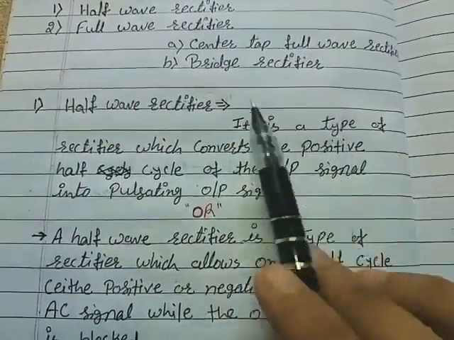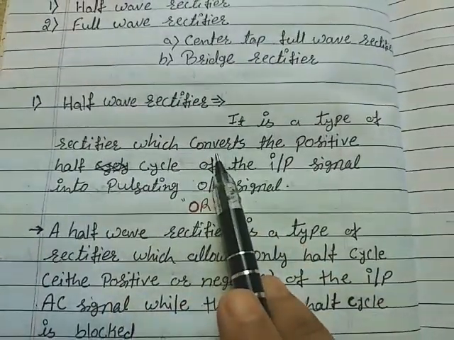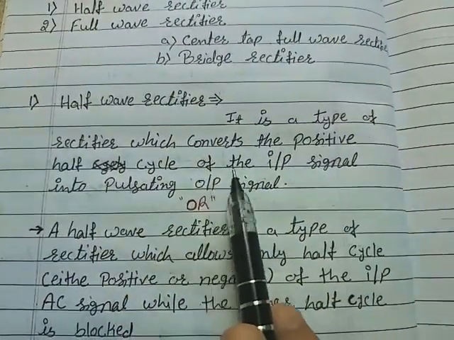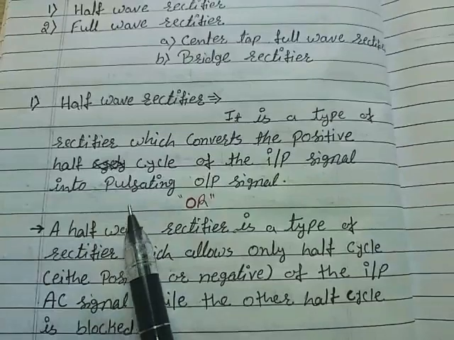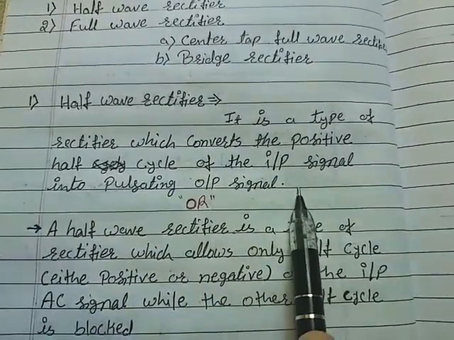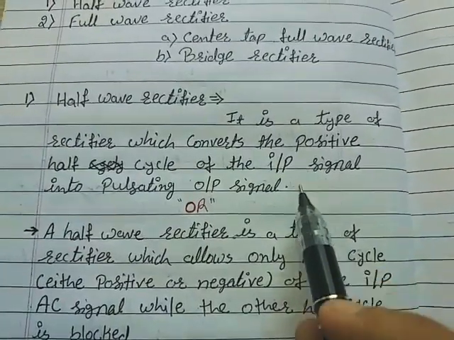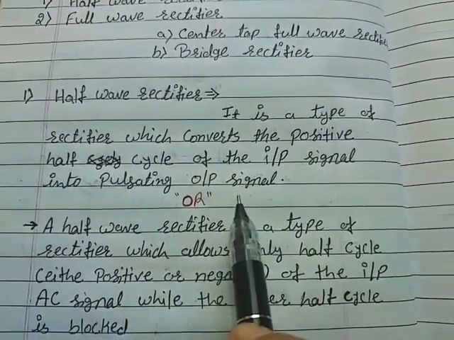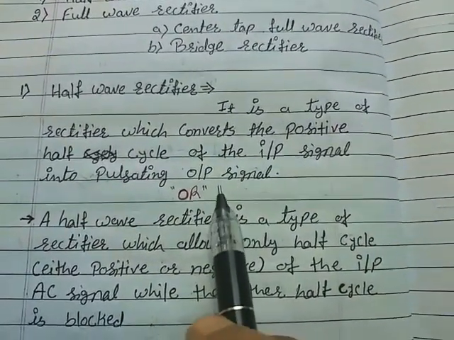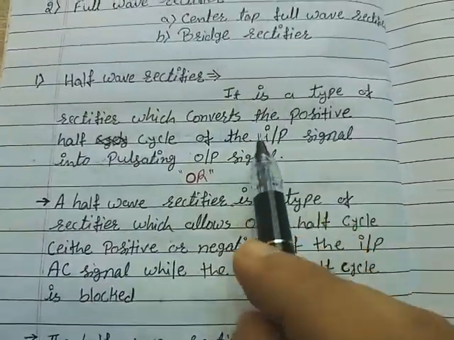It is a type of rectifier which converts the positive half cycle of the input signal into a pulsating output signal. Here the input signal is AC mains and the output signal is one half of the input signal.